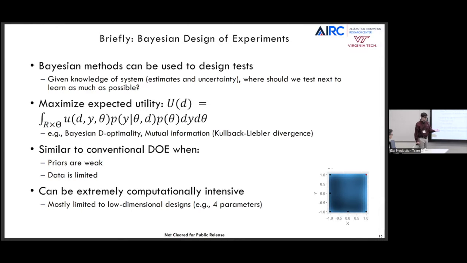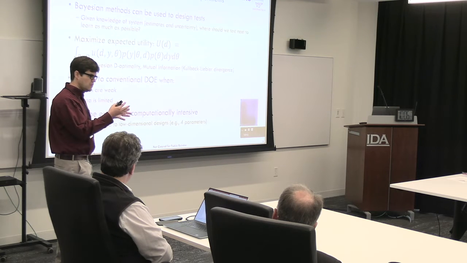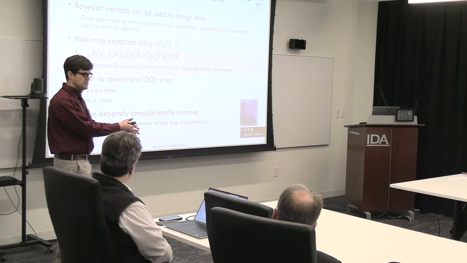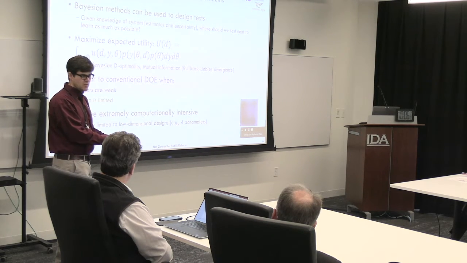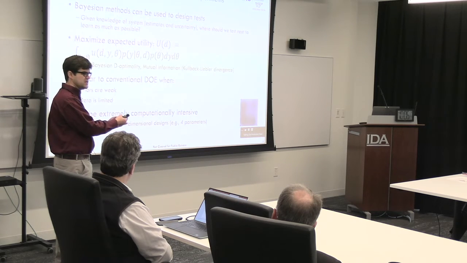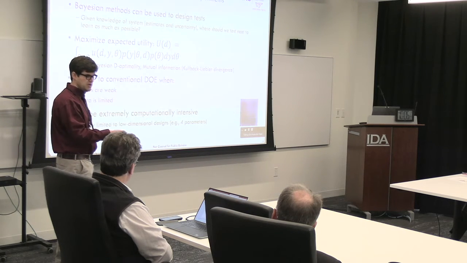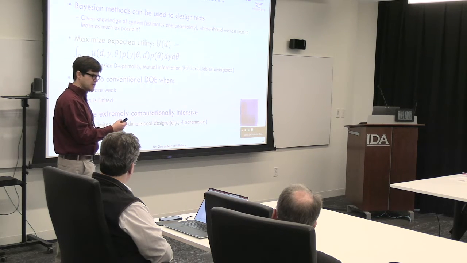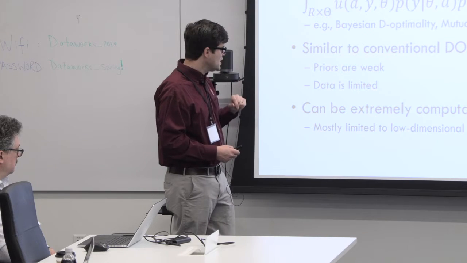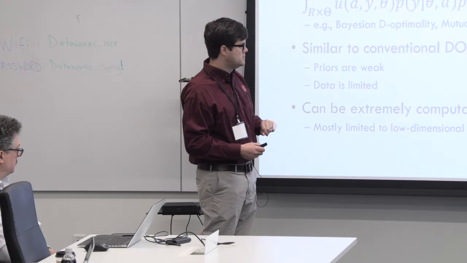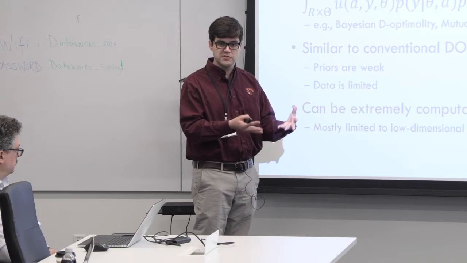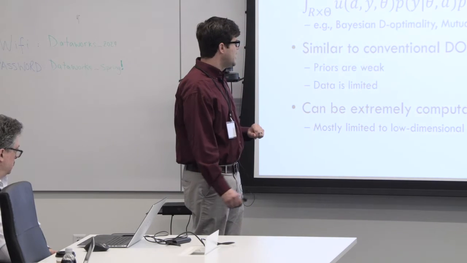There were a few talks about this yesterday. The idea is that if you already understand the behavior of a system in certain parameter regimes, it may not be worth testing there as much. But if the behavior of a system is not as well understood in other regimes, you may want to focus your testing there. So that's where the understanding from the prior may be useful in designing your tests.